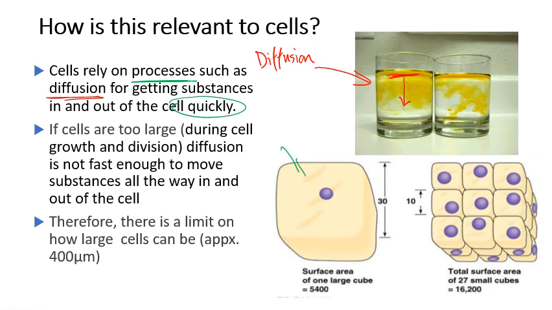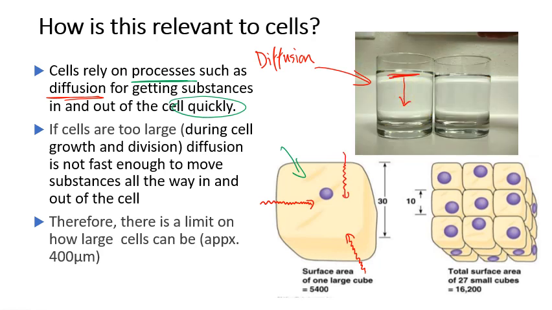If we go back to one giant cell, it's got a low surface area compared to its volume. So for nutrients to diffuse into that cell, it's going to take a long time for them to diffuse all the way from the surface area to fill up that whole volume, because there just isn't a lot of surface area for the liquids, for the chemicals to get in.